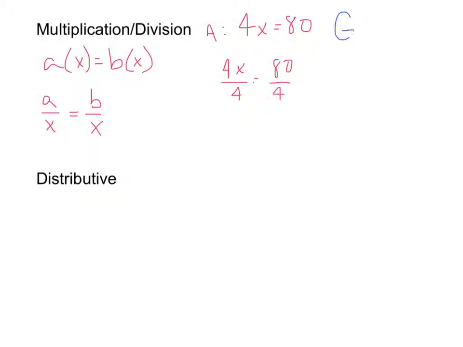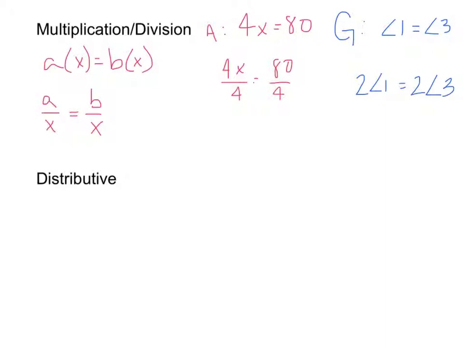In geometry, sometimes we have to double angles. So if angle 1 equals angle 3, then 2 times angle 1 equals 2 times angle 3.